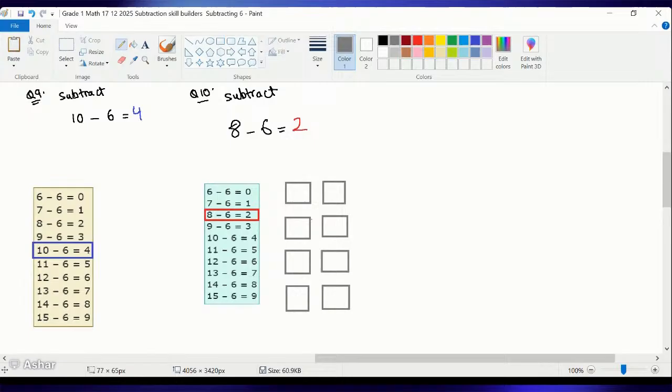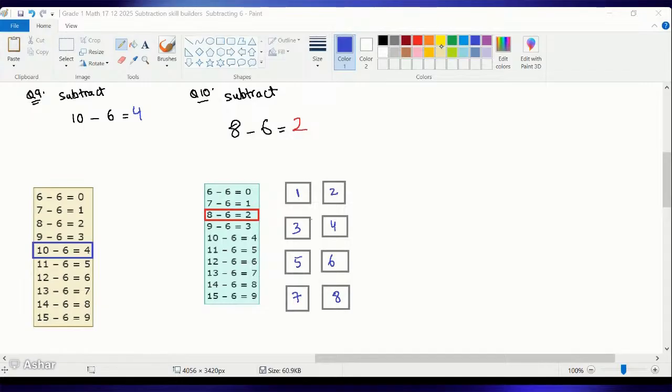Can we give them the numbers 1, 2, 3, 4, 5, 6, 7, and 8? So the total number of boxes we have is 8. Oh, very good. Good reply. The answer.